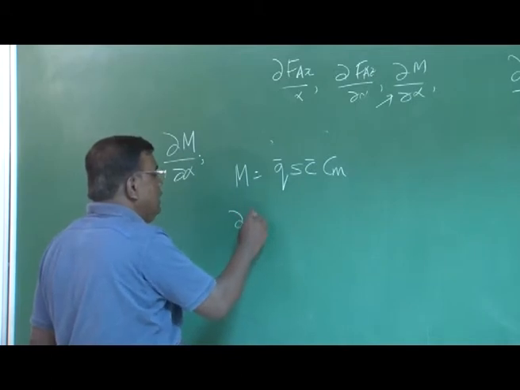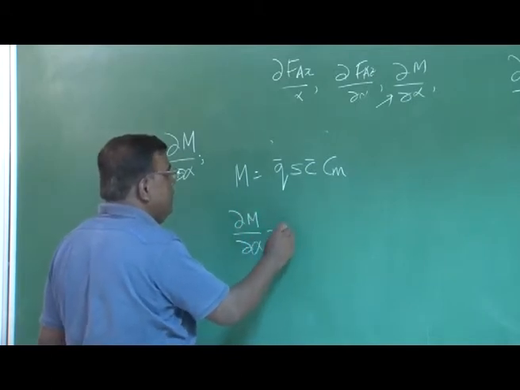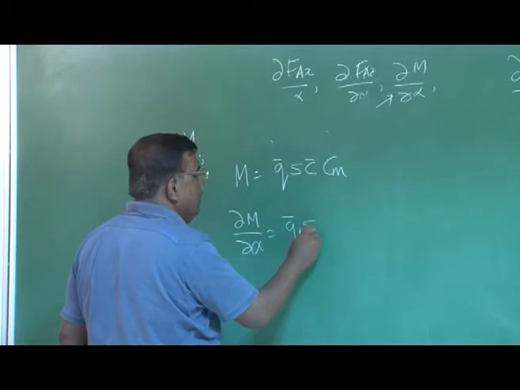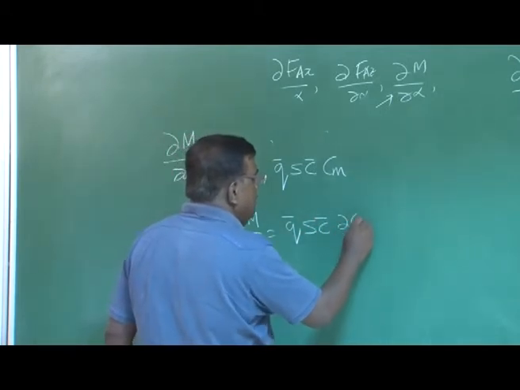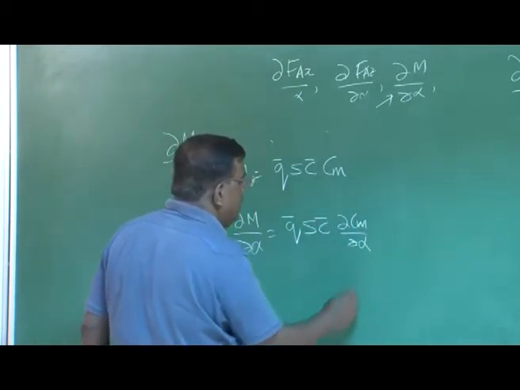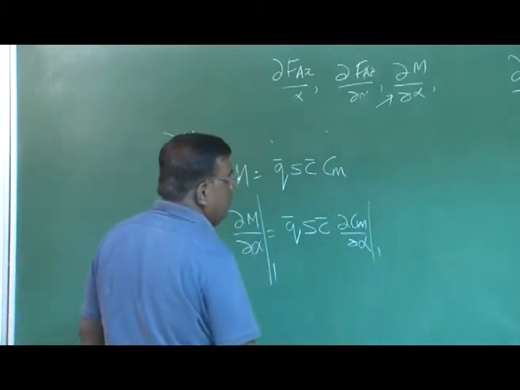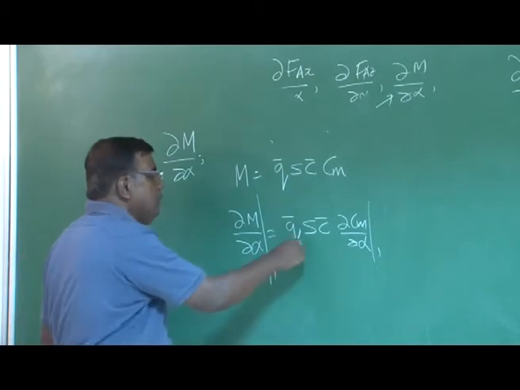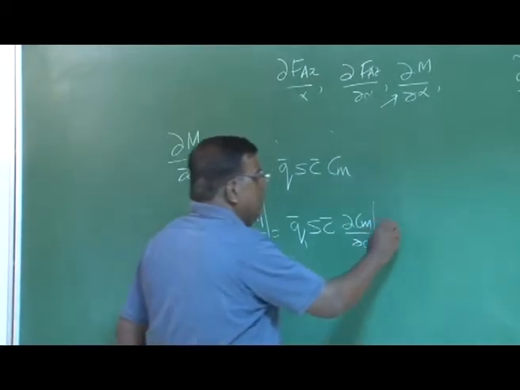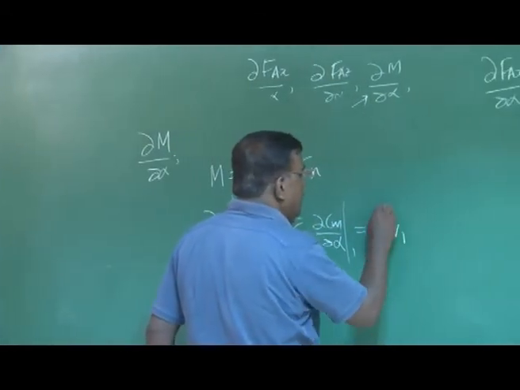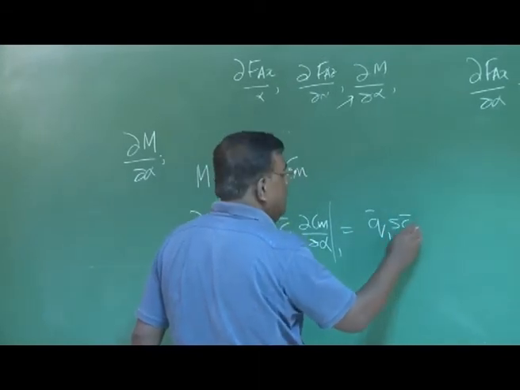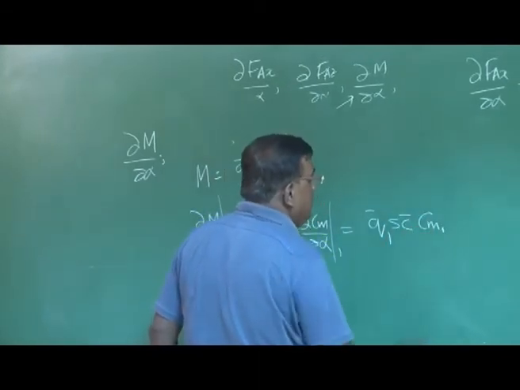So dM by d alpha, which is a partial derivative, will give me dCm by d alpha. And when I evaluate this at steady state, this becomes 1. So this will become Q1 bar S C bar Cm alpha.